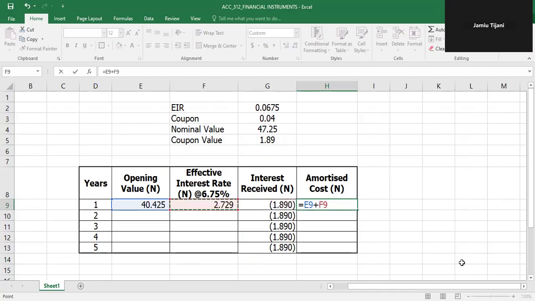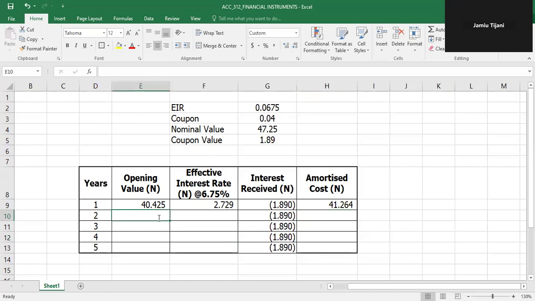Effective interest rate will increase it, and the moment we collect this, this figure goes down. Please look at what I'm doing here: I have minus in front here, and this is plus, so plus times minus gives us minus. So I'm adding all of this, and this becomes our amortized cost at the end of the period.